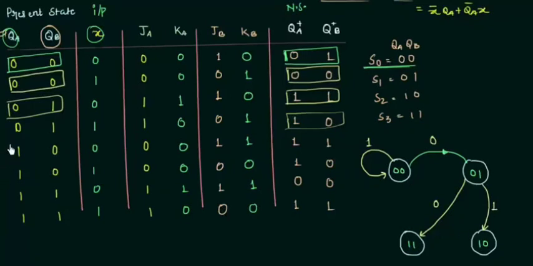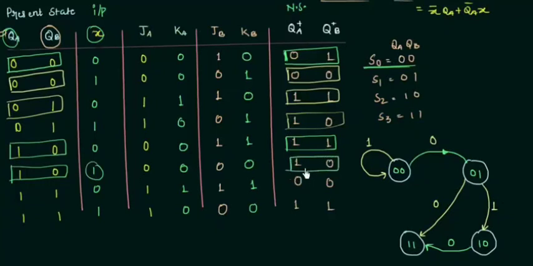Now let's check when we are on S2 and the input is 0. We are going to be on S3. So from S2 I am going to S3 when the input is 0. And when I am on S2 and the input is 1, I am going to be on S2 itself, so the same state if the input is 1.